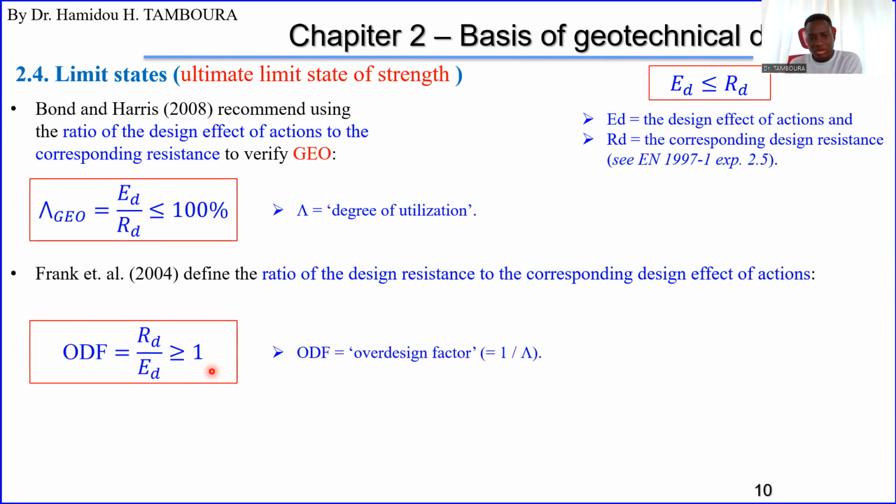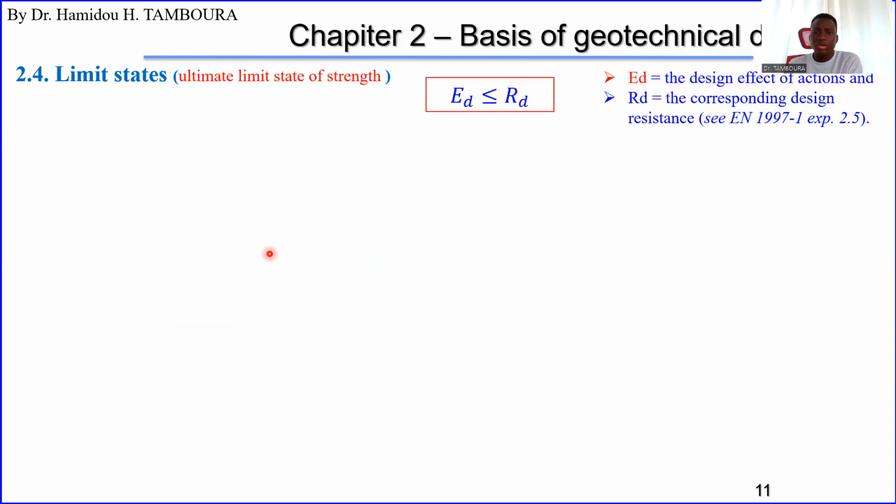Okay, this means, did you over design your foundation or your structure? So by taking this Rd dividing by Ed, you have this should be higher than 1. Okay, and as you can see, it's just the inverse of this degree of utilization.